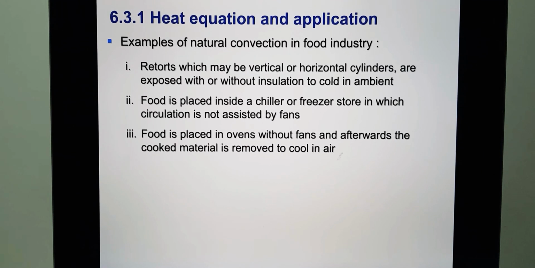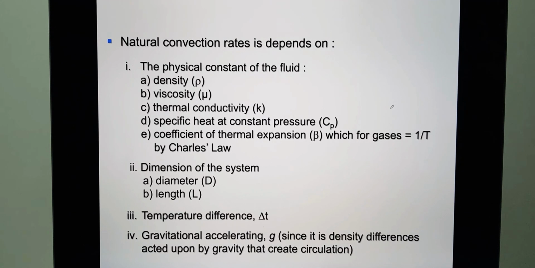Then the cooling process of the food product inside applies the condition of natural convection. Alright, and then the third example is food placed in an oven without fans, and afterwards the cooked material is removed to cool in air, meaning that you just leave the food to cool down at room temperature. So that one is natural convection.